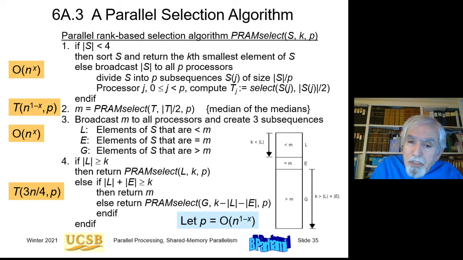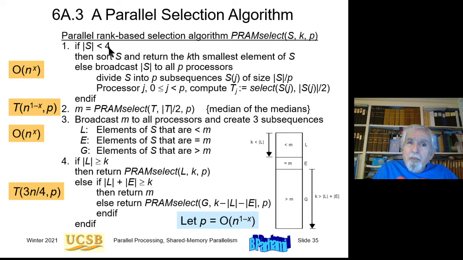So for some number of processors smaller than n, for example, if n is 1,000 and you give me 100 processors to work with, I say 1,000 to what power is equal to 100, and that gives me the value of x. Okay, so I'm going to describe the algorithm for a general x, not for a specific value of x.